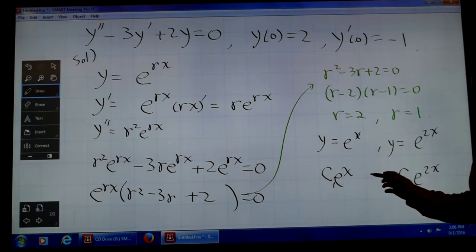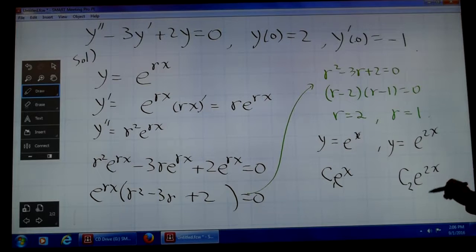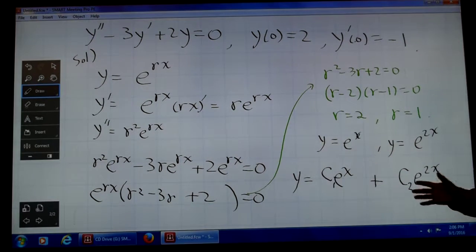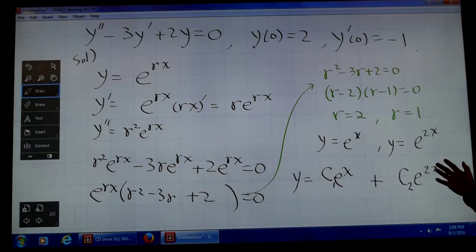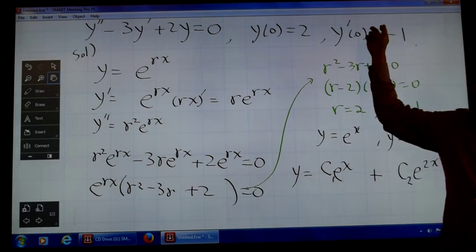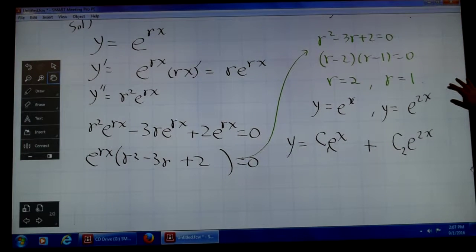So if you know that this is a solution and that's another solution, then adding the two will give you another solution. And then once you have figured out that this will be a solution, we're kind of happy, right? We have two free parameters for a second order differential equation. And now all we have to do is make sure that it satisfies these two conditions. So let's do that.